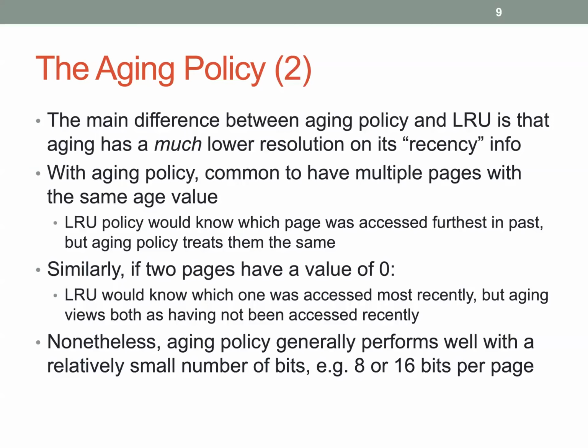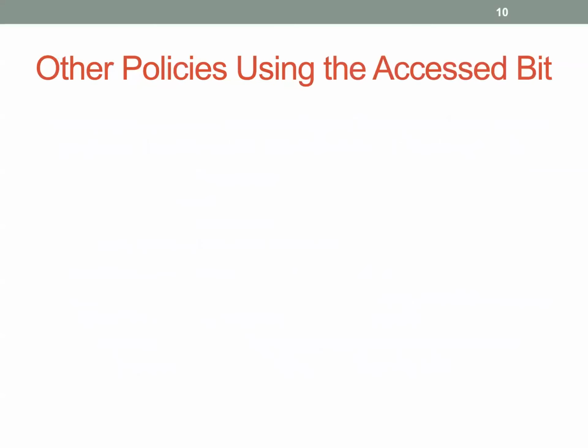And the 8-bit aging policy was the best as far as minimizing faults. So it's quite an interesting little mechanism, and it's very popular because of its lightweight implementation, and also its seemingly quite good decision-making capabilities as far as virtual memory paging is concerned. Okay, so that's a fun one, one of my favorites.